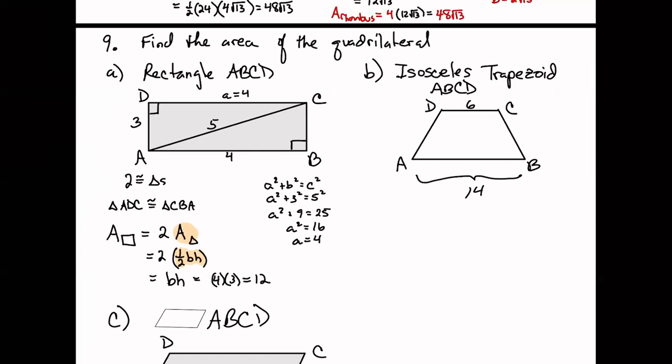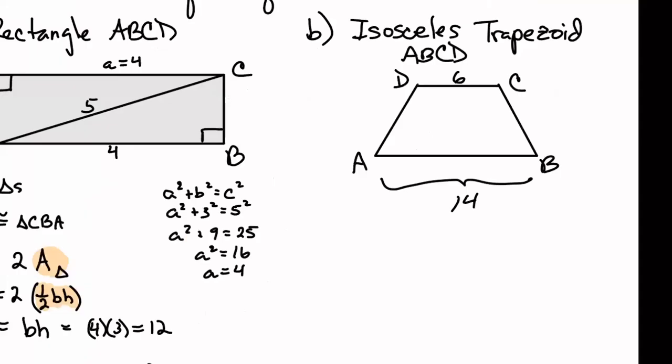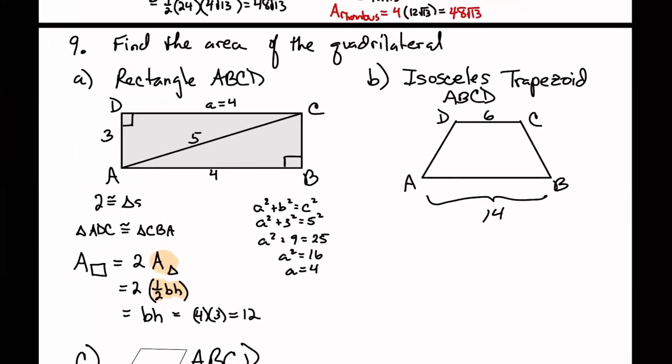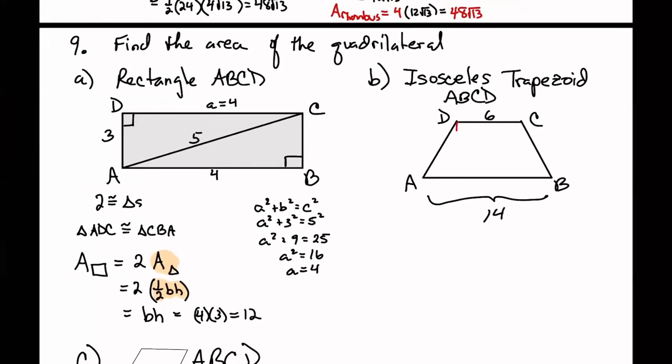Right, so the isosceles trapezoid. I'll leave that all up on the screen for a second. We talked about this before. We know that if we drop altitudes and split the base by the altitudes, the opposite sides are congruent, which means that this little segment here has to be worth 6 units.